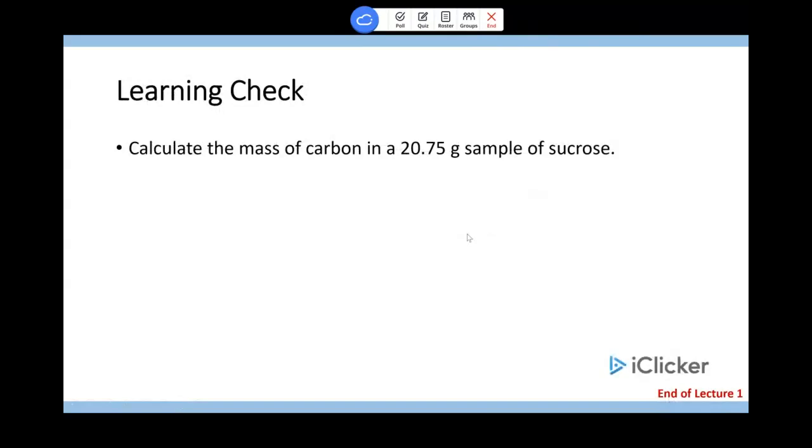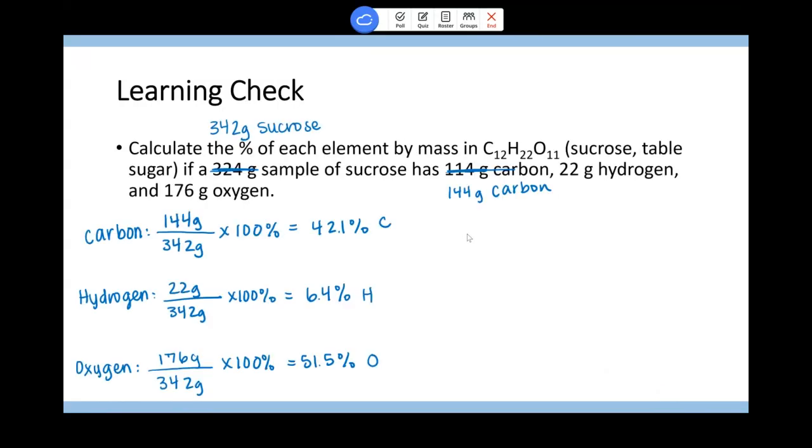So we're calculating the mass of carbon in a 20.75 gram sample of sucrose. In the previous slide, we calculated that in sucrose, 42.1% of its mass is carbon. So it doesn't matter how much sucrose you have, whatever that mass is, 42.1% of it is made up of carbon atoms.